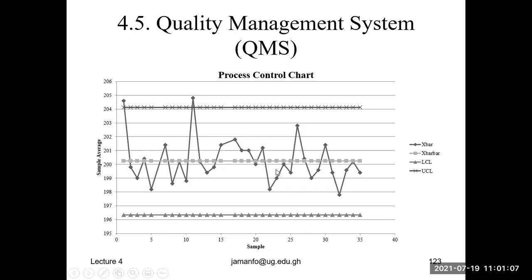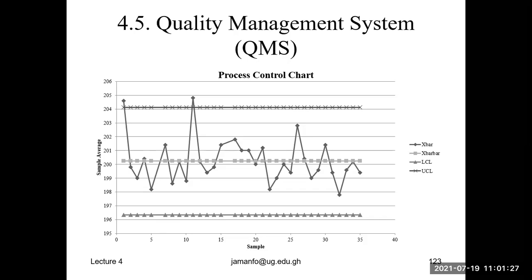Now, we have the upper control limits, we have the lower control limits. Even though this is the mean, we might not have all the products being on the mean, but as long as it's within the upper control and the lower control limit, we accept it. Remember, I gave you the example of Milo that is supposed to be 400 grams.